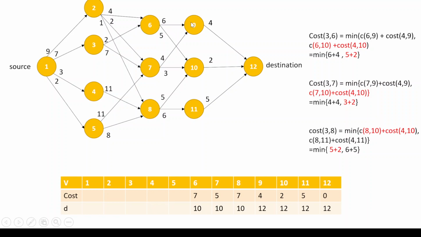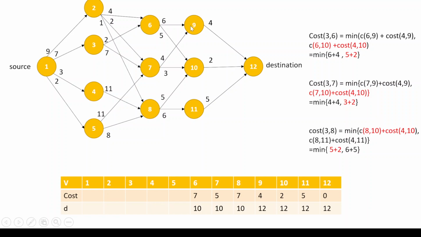That means the cost of this edge and the cost of fourth stage ninth vertex, comma C of 6 comma 10, here it is 5, plus cost of fourth stage 10th vertex.